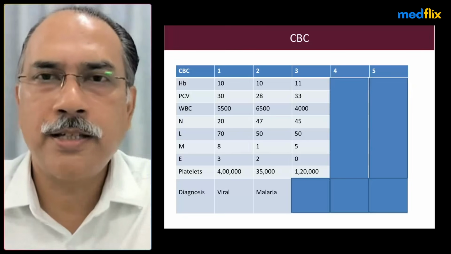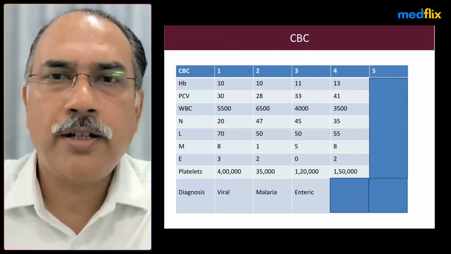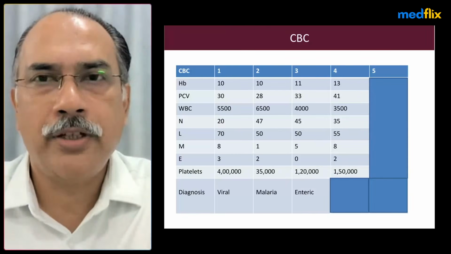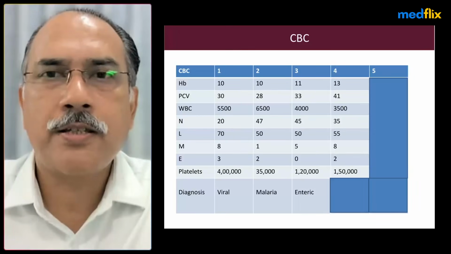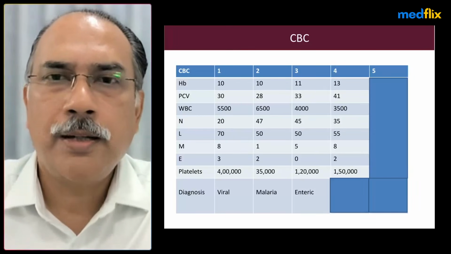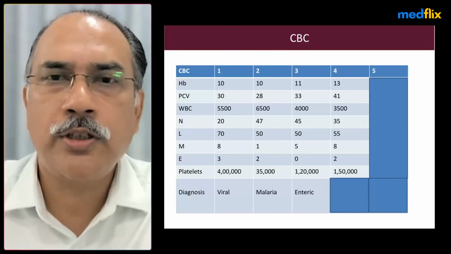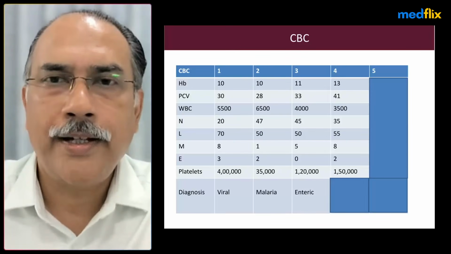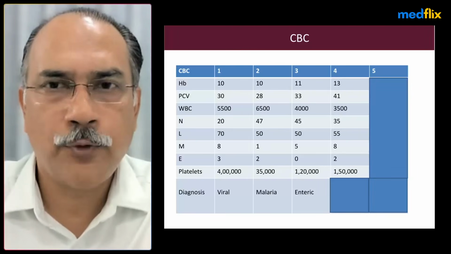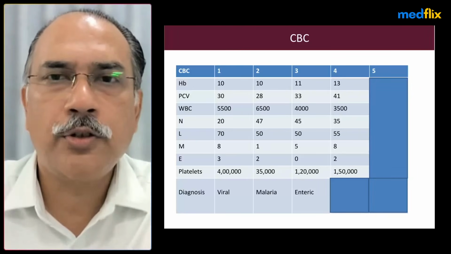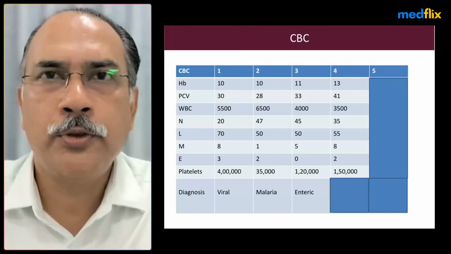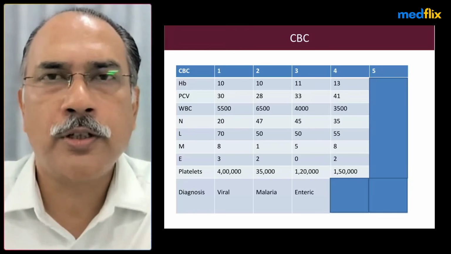Look at the third CBC report. You have a report of hemoglobin being 11, PCV is within range, WBC 4,000. If you see here, it's equal distribution. Though we tend to think of enteric fever with higher lymphocytes, initially you have to remember there are more polymorphonuclear cells.